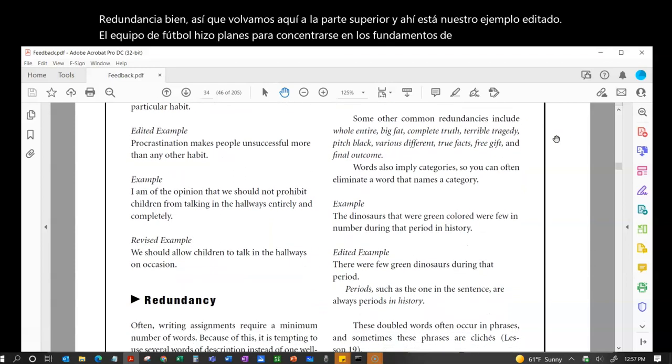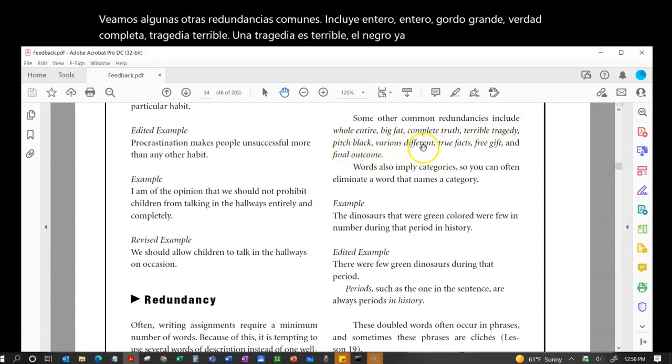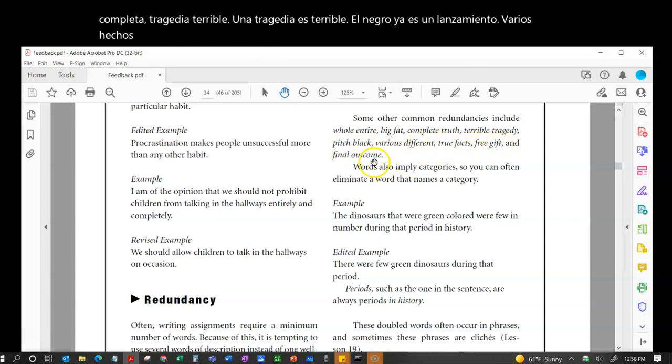All right, let's look at some other common redundancies. Examples include whole entire, big fat, complete truth, terrible tragedy, a tragedy is terrible, pitch black, black is already a pitch, various different, true facts, free gift, and final outcome.